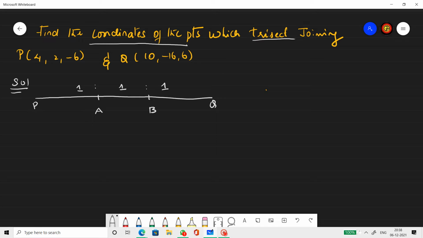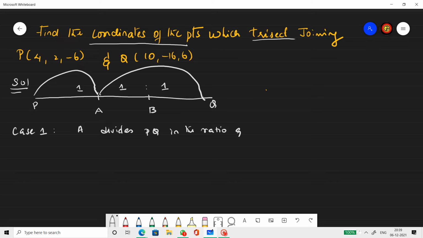So the first case would be to find A. Case 1, where I'm going to find A. So A divides PQ in the ratio of 1 is to 2.